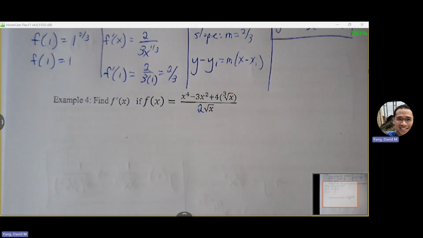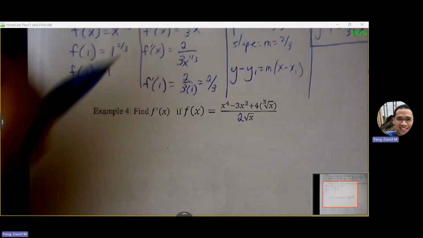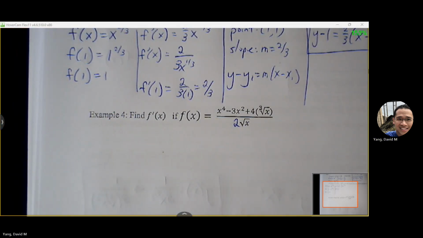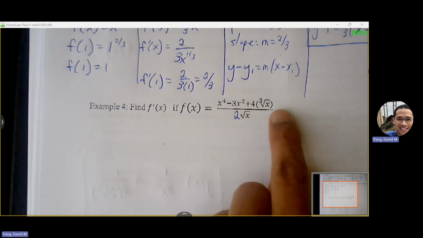So even though it looks like it's 4 separate problems, it's actually one problem that is connected. We need to separate them first. So I'm going to take steps to clean up. First thing is I'm going to rewrite all my radicals as rational exponents.